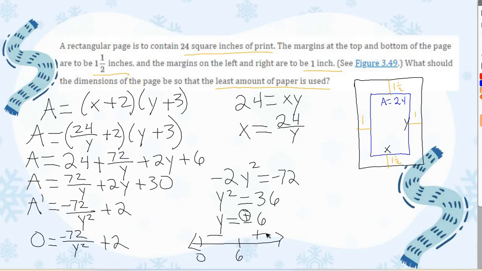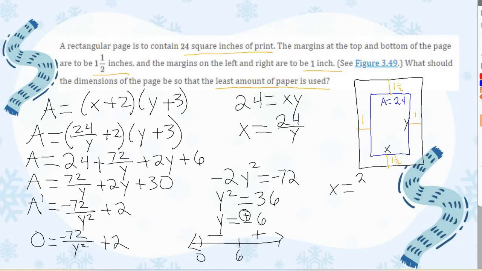Okay. So is that my final answer? 6? No. What does it ask us for? It doesn't actually ask us for the area of the paper. It asks us for the dimensions of the page, so that's the whole thing. Yes? Okay. So first off, what do we need to find? X. But I can just use my x formula, yes?